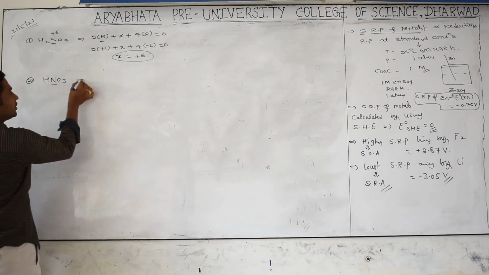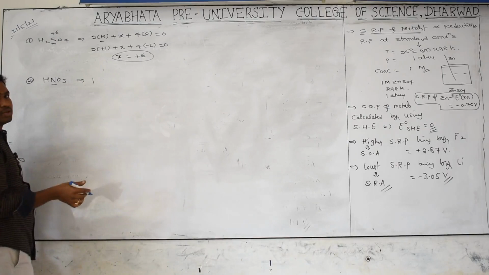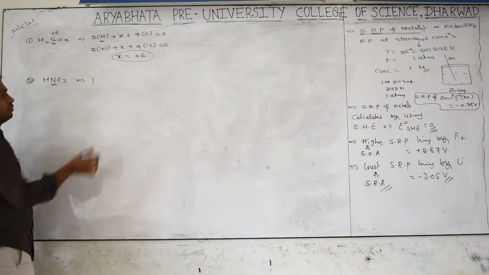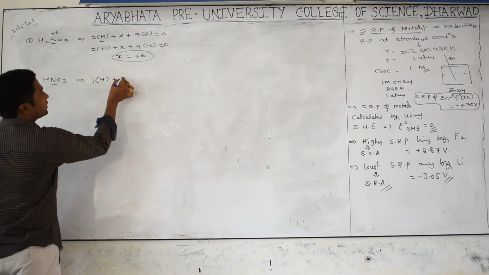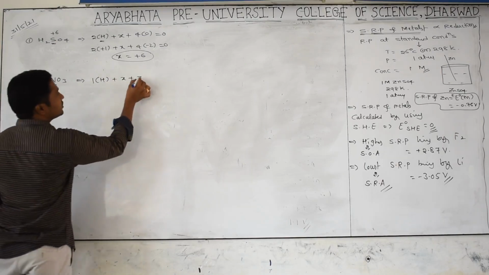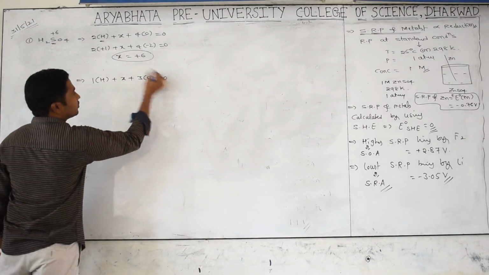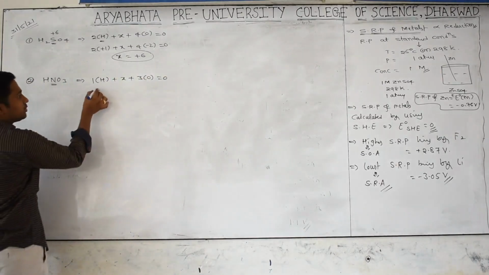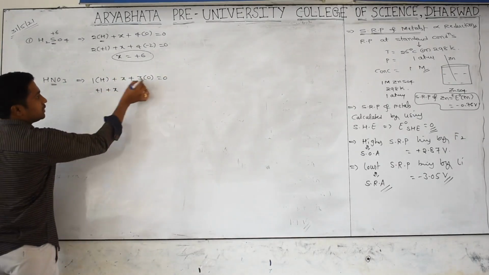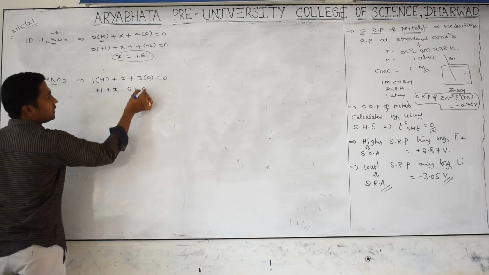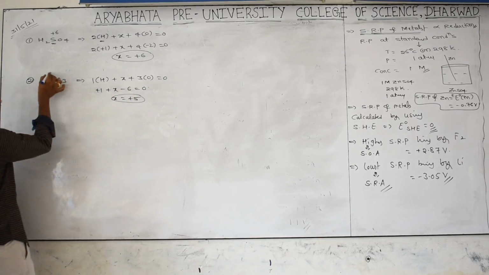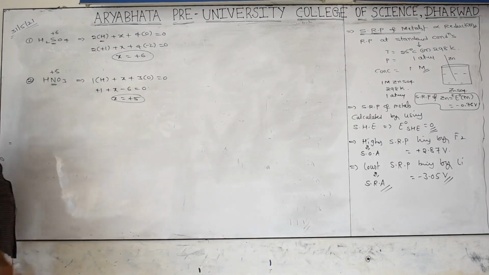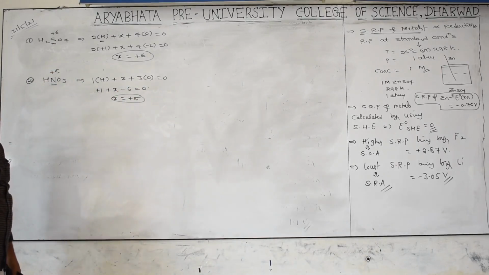That's why I write down here, the sum of the oxidation numbers of all atoms in a neutral molecule is equal to 0. 1 hydrogen is there, plus X, the one you want to find out, plus 3 oxygens, equals 0. Each hydrogen +1 plus X plus 3 into -2, that is -6, equals 0. Then X is equal to +5. The oxidation number of nitrogen in this is +5, meaning while forming nitric acid, nitrogen loses all 5 electrons.